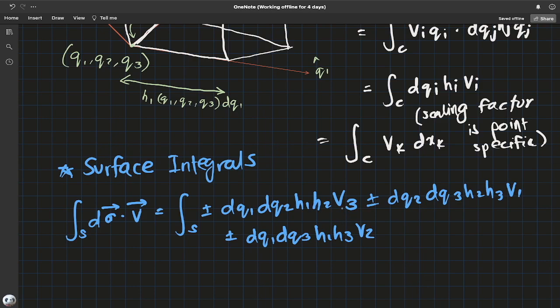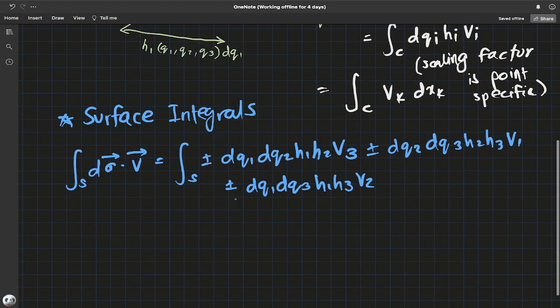So this is the most general representation for this surface integral operator, because again we don't know if your surface is purely in one plane, or in between two planes, or in all three planes in some parts. These things are complicated, so we have to generalize it in this way.